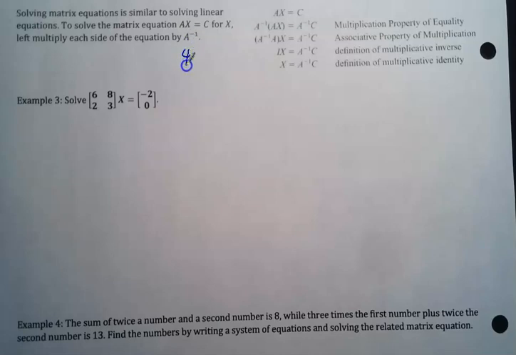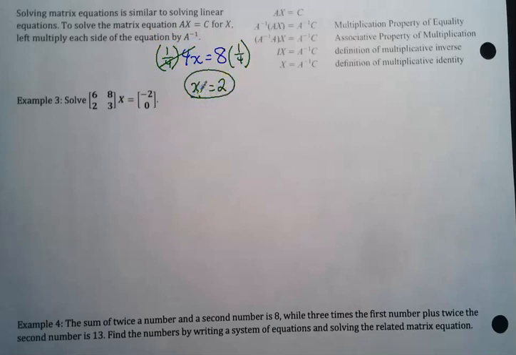If we have 4x equals 8, we can divide by 4, or we can multiply by the inverse or the reciprocal, right? Because 1/4 times 4 cancels and leaves us with x. 8 times 1/4 is 2.